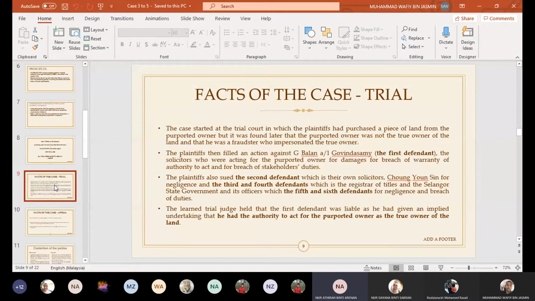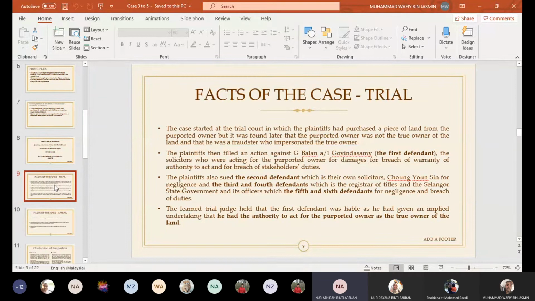So the consequence of solicitors who act without authority in this case is that, okay, wait a second.